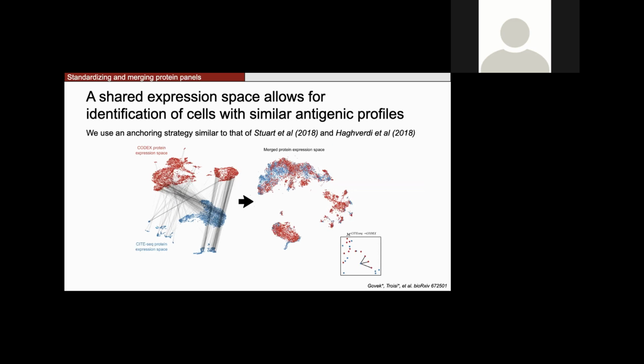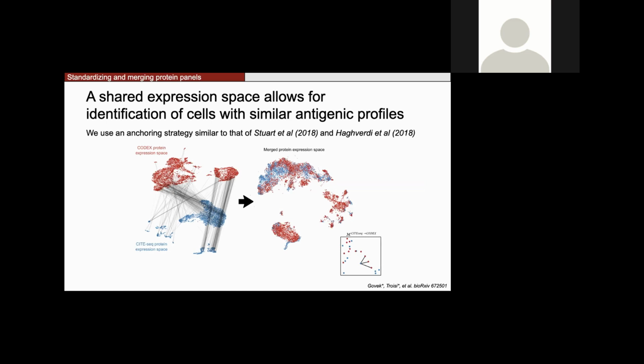Using this batch correction strategy, both CODEX and CITE-seq get placed into a shared protein space where cells are closer in this space if they have more similar antigenic profiles, now regardless of whether they're from CITE-seq or CODEX, which means using this space, we can identify CITE-seq cells that have similar antigenic profiles to a given CODEX cell.